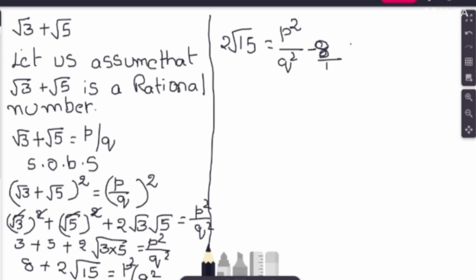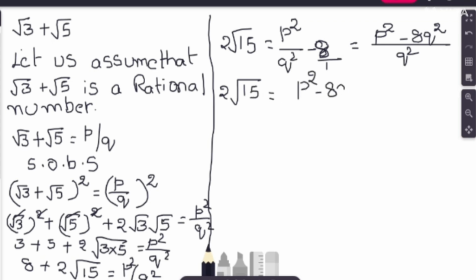We have to take the LCM of the denominators: 1 and q square, the LCM is q square. Q square divides q square one time, 1 into p square, minus 8 into q square. So 2 root 15 is equal to p square minus 8q square by q square.